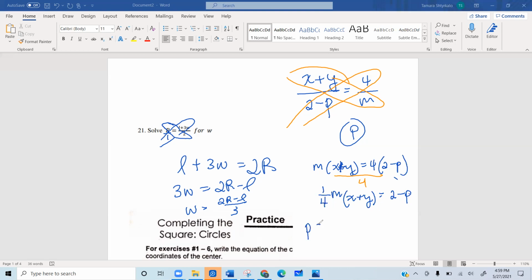So I'll say p equals 1/4 m x plus y. And because I brought that over to the other side, that would actually be negative, and then the 2 would be positive. But it looks a little better if you write it this way. It's just more traditional, and that is what p is.